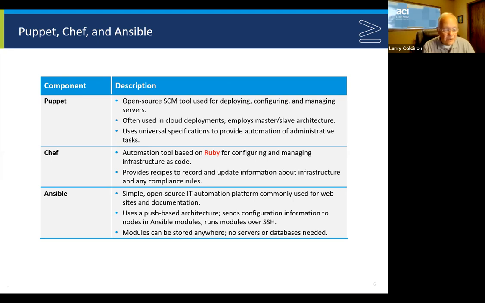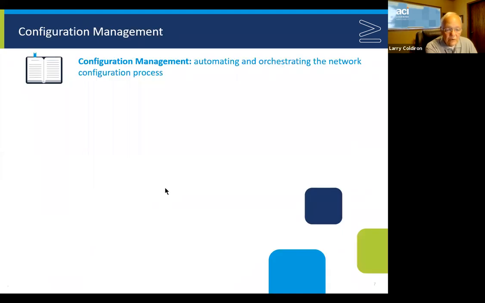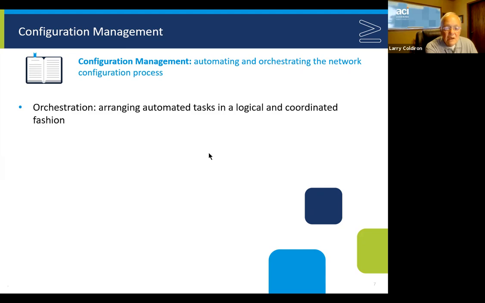The other two, Puppet and Chef, are a little bit more sophisticated, but Puppet and Chef also require a little bit more sophisticated equipment in order for them to work. Yeah, I would just overwrite the current config. And that's the same config, exactly what Matthew said. That's all it would do.